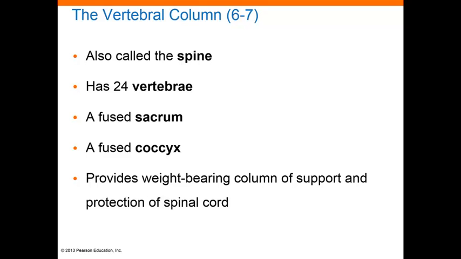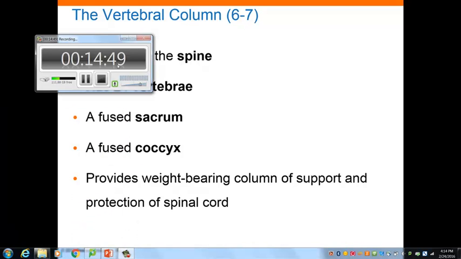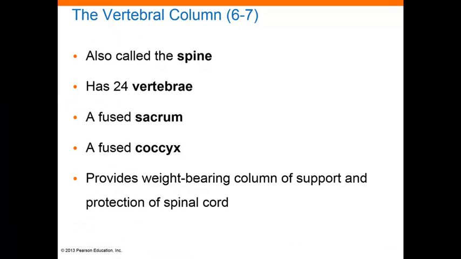The vertebral column is what makes up the rest of the axial skeleton, and it consists of the vertebrae and the thoracic cage.